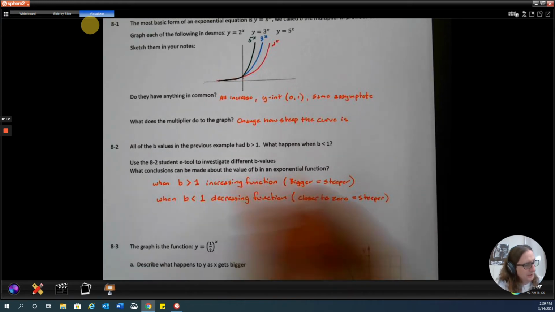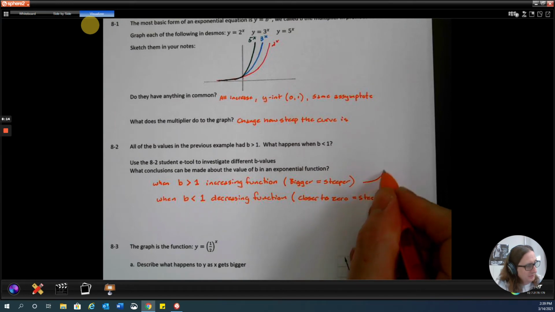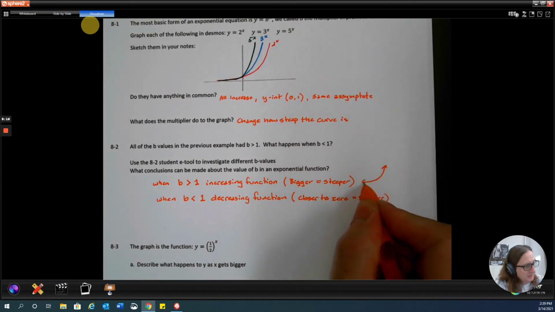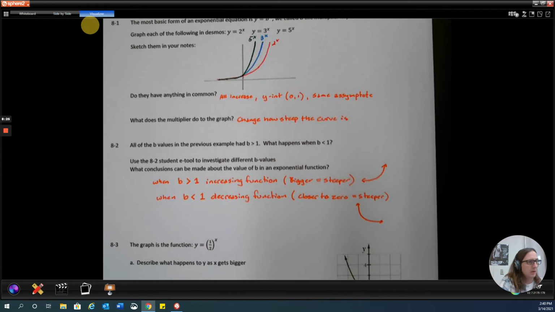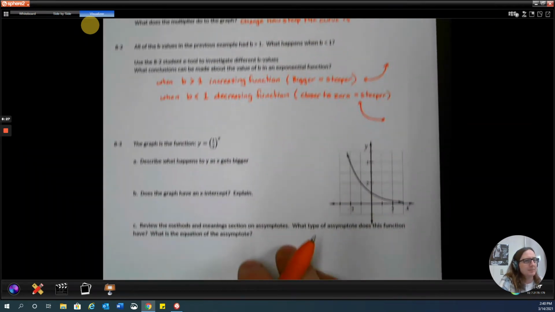So if you've got greater than 1, it's going to be a function that increases like this. If you've got less than 1, it's going to be a decreasing function that looks like this instead. All right, next section.